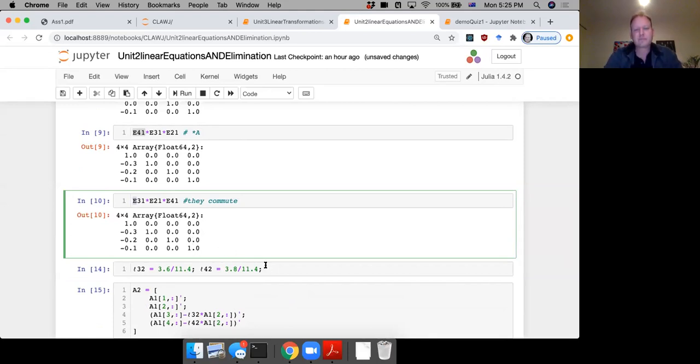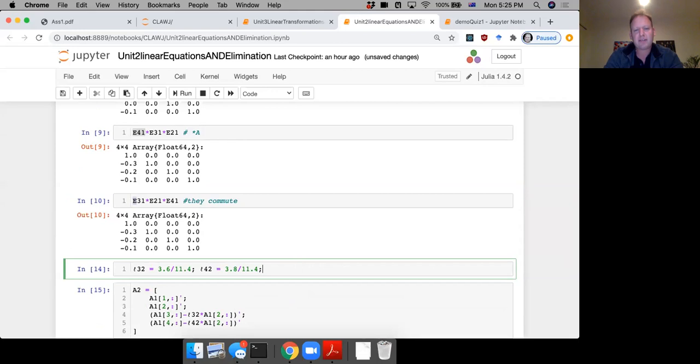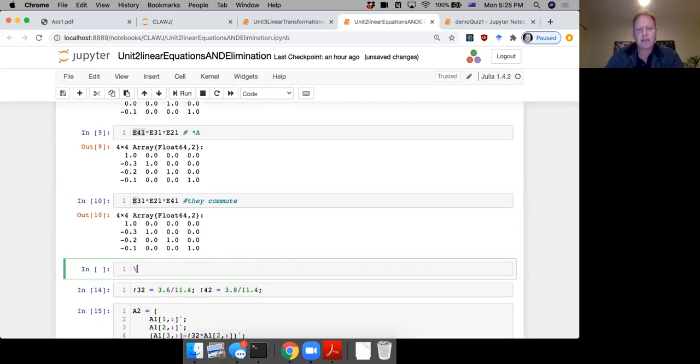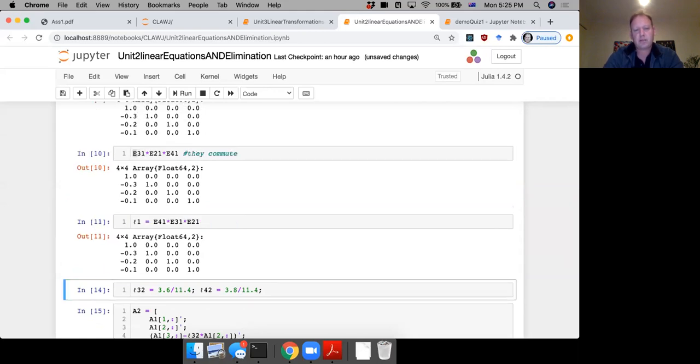We'll call all these three matrices, with the danger of abusing notation, L1, where L1 is E41 times E31 times E21, what we just did.